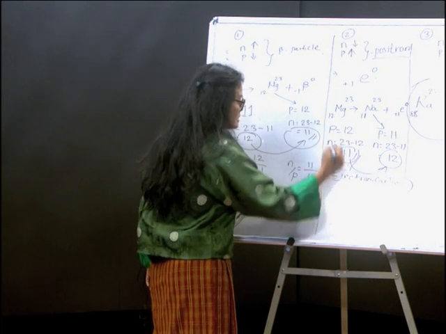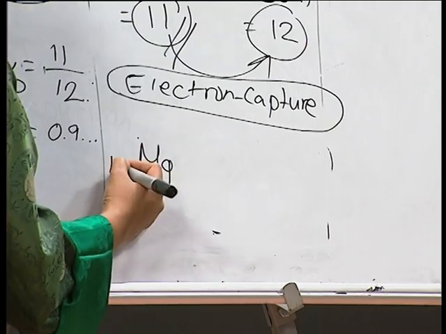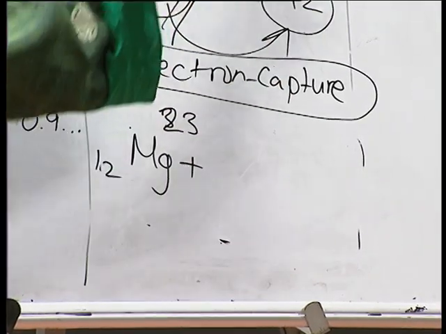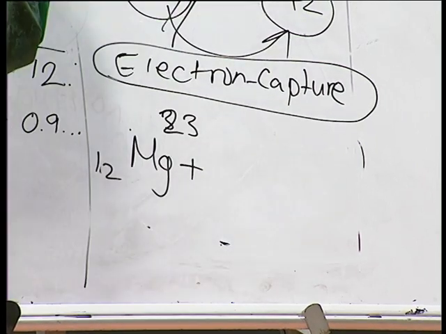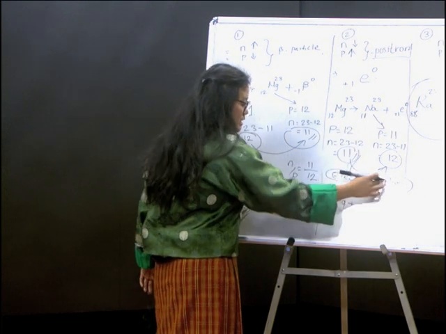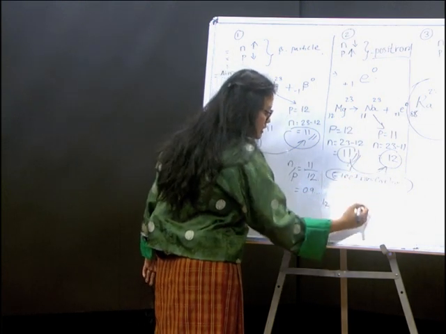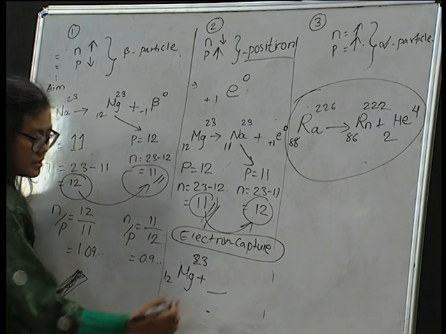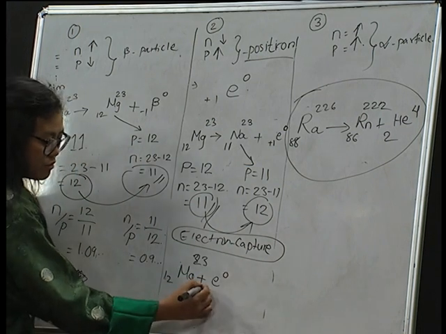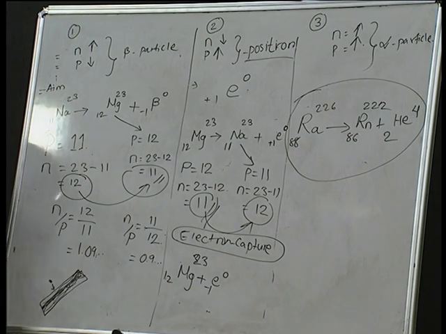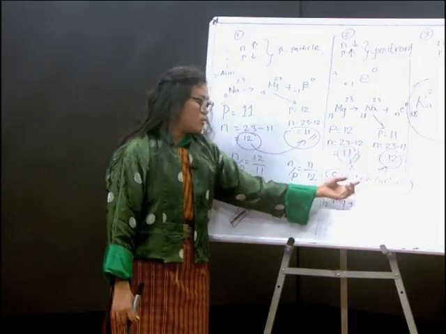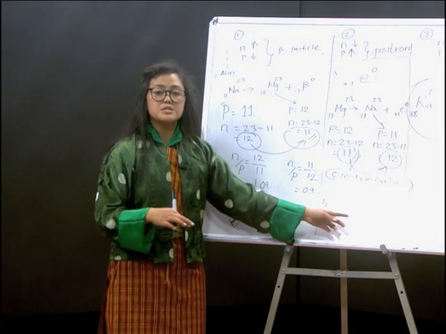I will take the same example, magnesium 12, 23. In the earlier case, we could see the beta particle and positron on the product side. But in this case, since it is electron capture, it will be on the reactant side. So, it is the same representation, e having mass number 0 and charge minus 1. So, what happens? This magnesium will absorb or capture the orbiting electron.